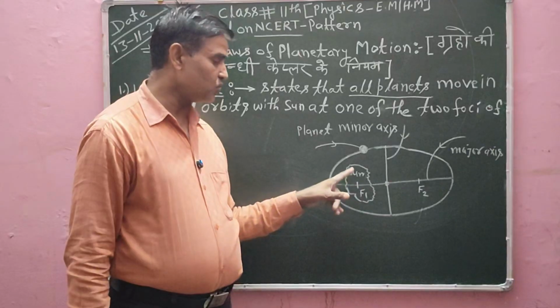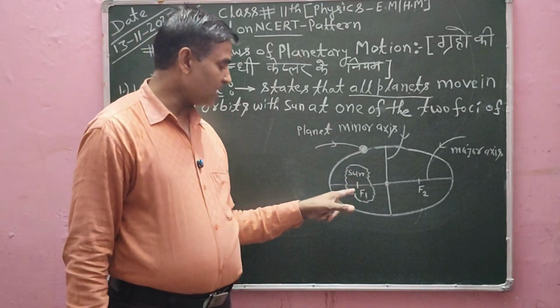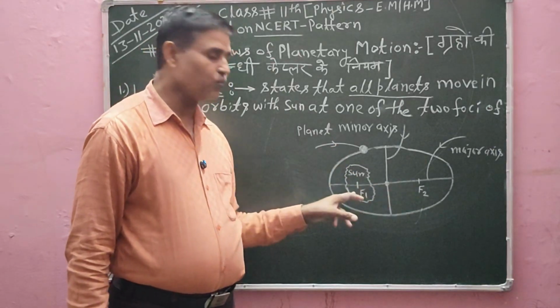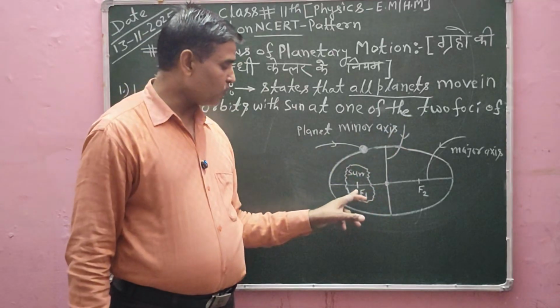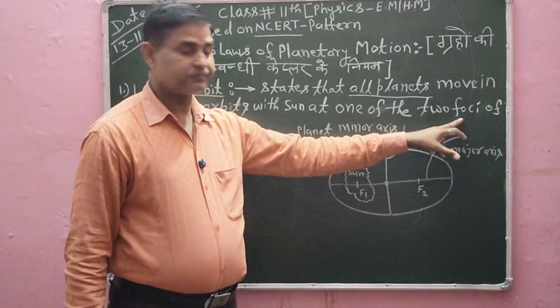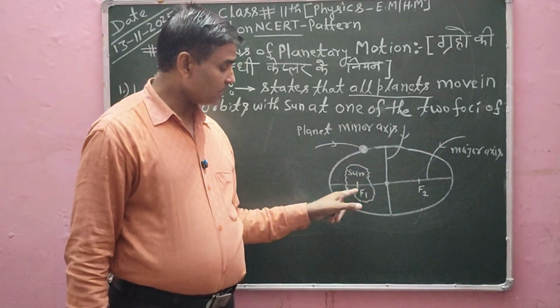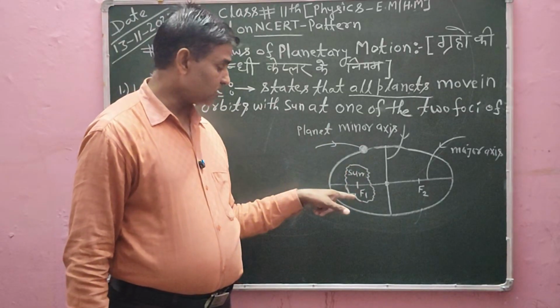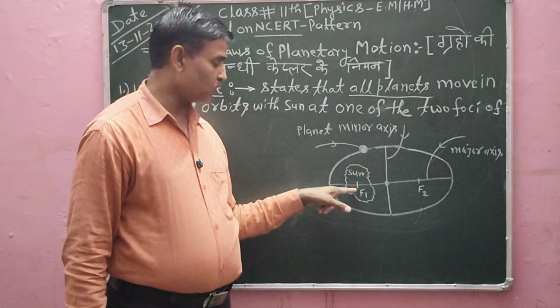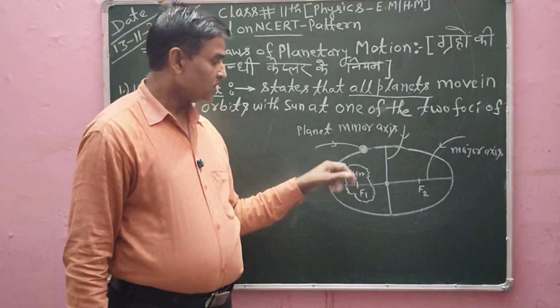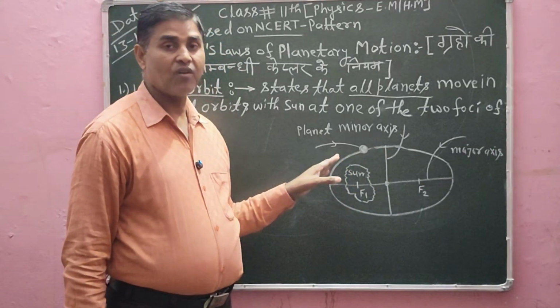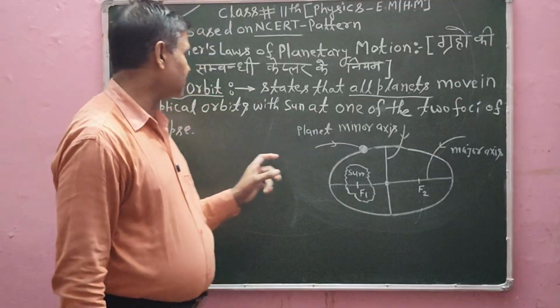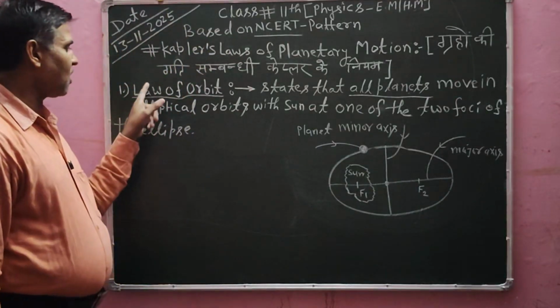So that sun will be located at one focus of the two foci. At one instant of time, that sun is situated at one focus of the two foci of the ellipse. This is Kepler's first law, that is the law of orbit.